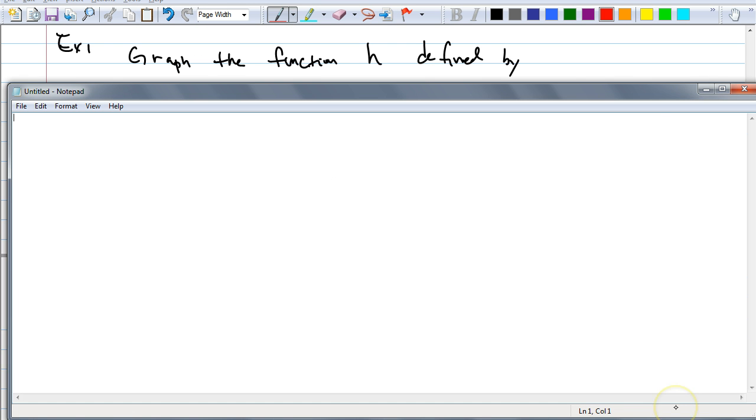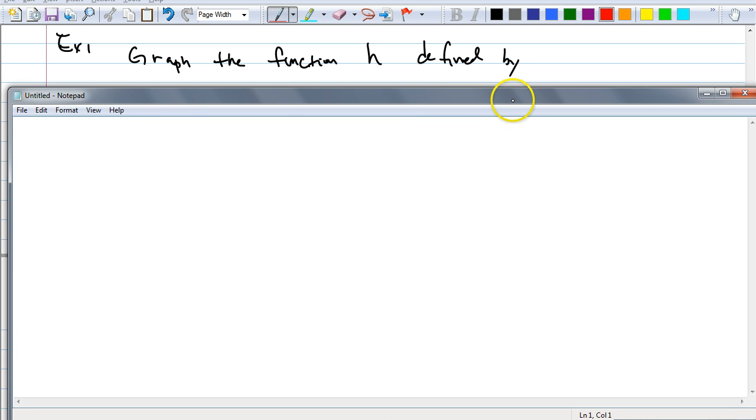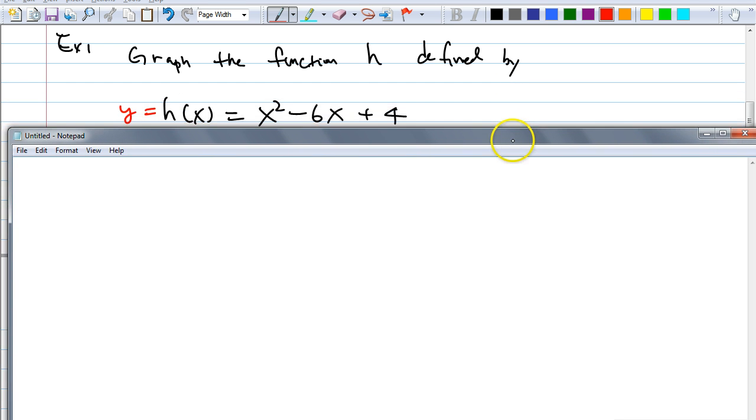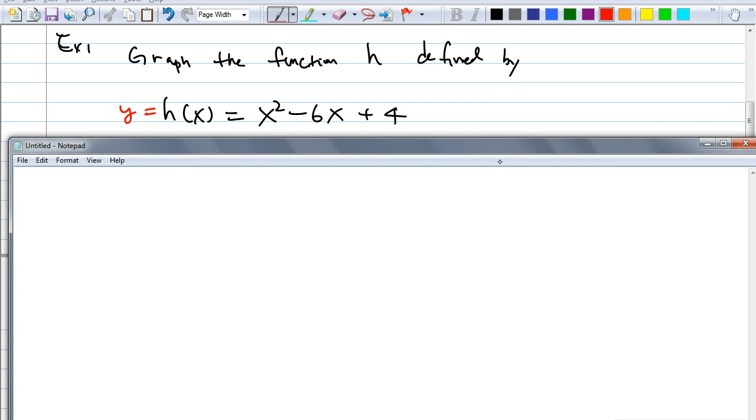So knowing this, guess what? We're going to try to graph a quadratic function. Since I used f and g already, let me use h for this function. Is that okay? So here's h of x equals x squared minus 6x plus 4. If I want to graph this function, by the way, we know what it'll look like.